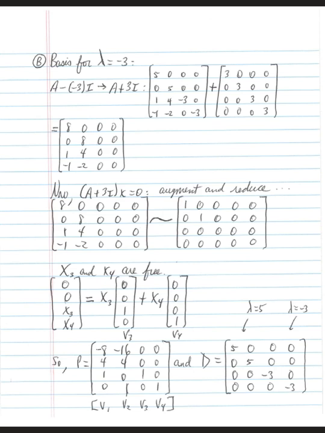Well, you set it equal to 0, but there's nothing here to carry over and change the sign of like we're used to doing. So x1 is 0. Same thing for x2. There's nothing following it to carry across and solve. So x1 and x2 are both 0. There are no definite values for x3 and x4. Those are free.